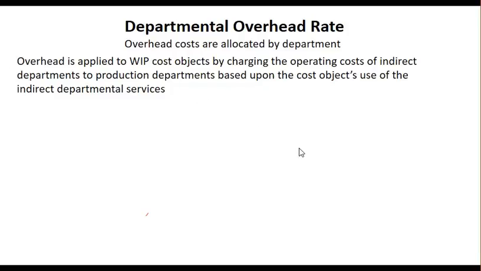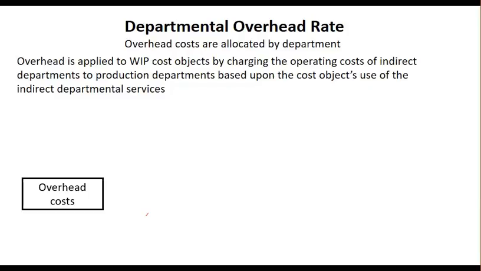Overhead is applied to work in process cost objects by charging the operating cost of indirect departments to production departments based upon the cost object's use of the indirect departmental services. Now I say the cost object's use. It may not necessarily be that. It's basically how management decides they need to allocate those costs, and therefore the cost drivers to the cost objects.